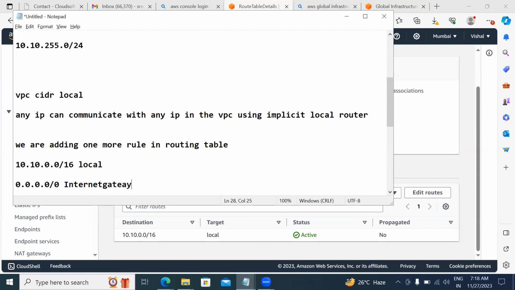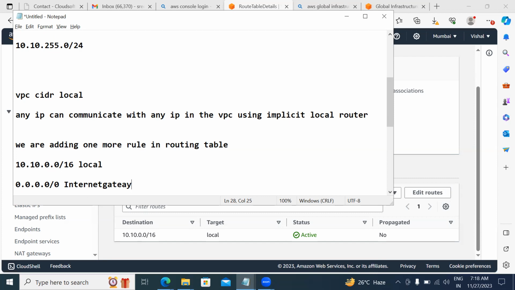Whenever we are communicating, our IPs are not in the 10 dot series, right? So what is the meaning of 0.0? Other than the 10 dot series, any other IP comes, it connects through the internet gateway.